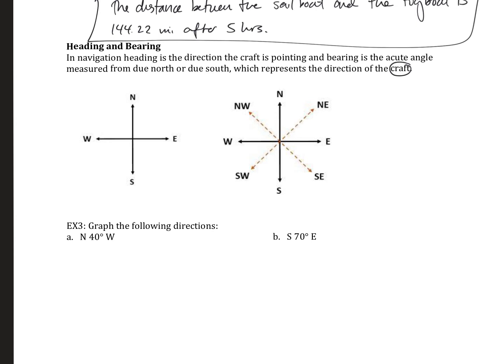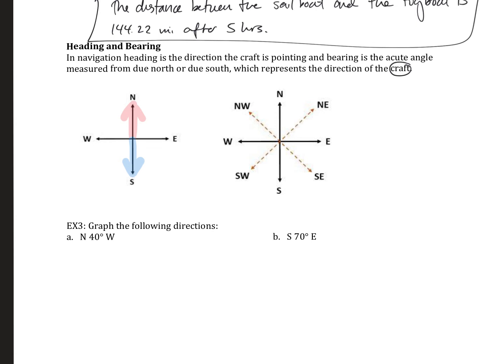So let's take another look at what this is. If I was saying something was heading due north, that means it is going up in the northward direction. If I said something is heading due south, that means it is heading down in the southward direction. And then from those angles, we'll get either a direction west or east.